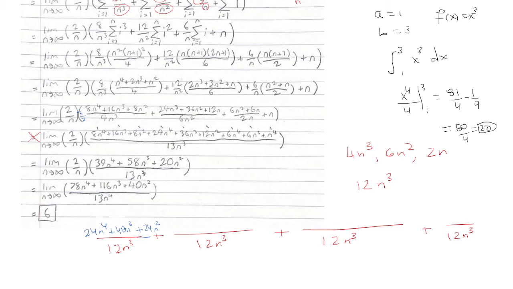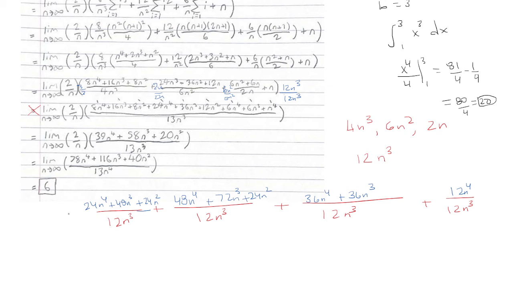I need to multiply this by 2n over 2n. 2 times 24 is 48, and then I have n to the 4th. 36 times 2 is 72, n cubed. 2 times 12 is 24, n squared. This one, I have 2n. I need to multiply by 6n squared over 6n squared. That's going to give me 36n to the fourth plus 36n cubed. The last one, I need to multiply by 12n cubed over 12n cubed, and this will be 12n to the fourth.